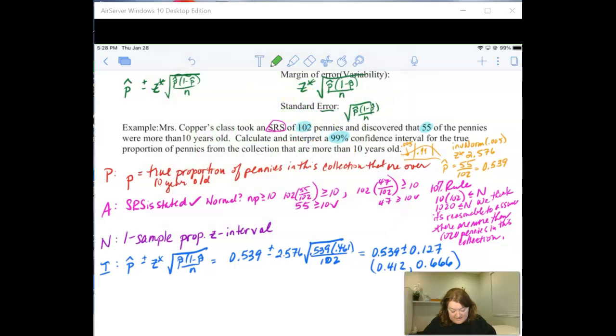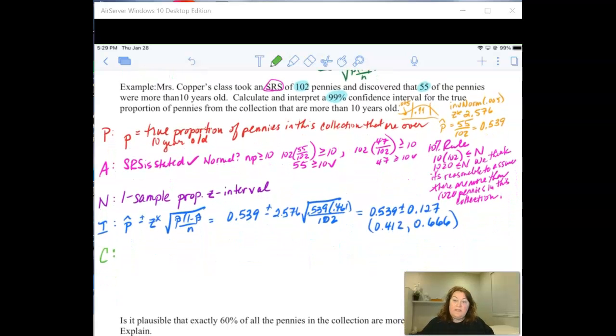All right, so the next part is C. This is our last step, and this is conclusion in context. So this is a set sentence that we want you to write for a confidence interval.